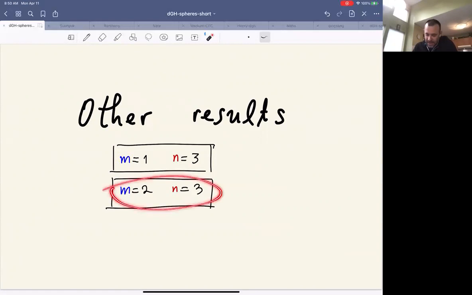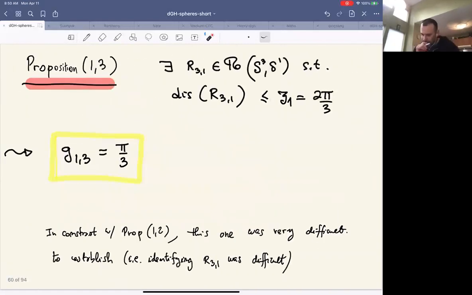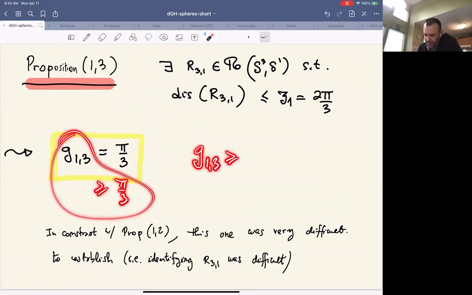This is a supradiagonal entry, but this one is not. So we already know the lower bound pi by 3 for this distance, because G13 is lower bounded by zeta1 divided by 2.